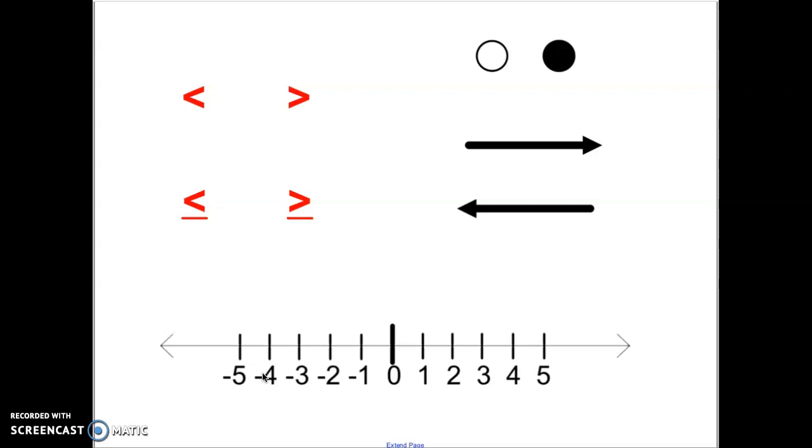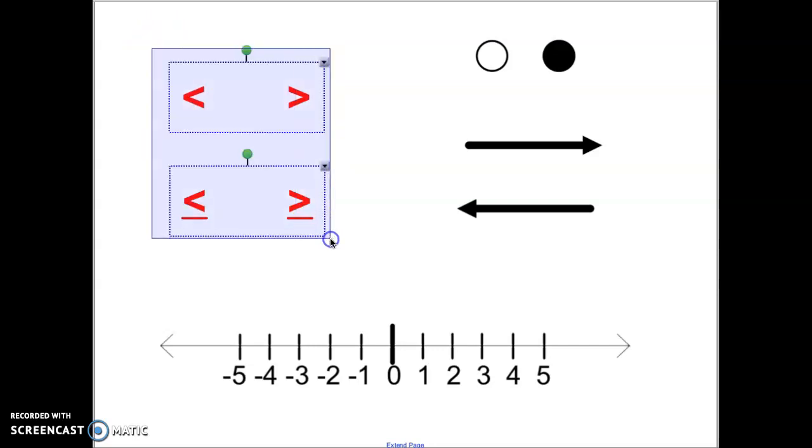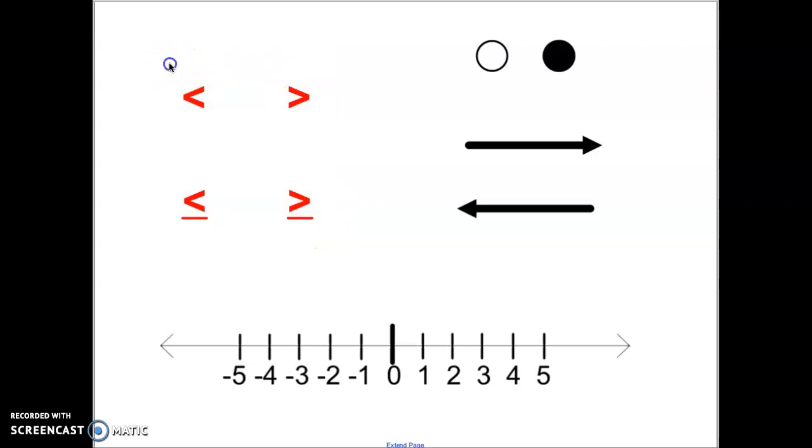So let's talk about inequalities. These are inequality signs right up here. Let's just lock those in place so I can talk about them. This is called a less than symbol, meaning whatever's on this side is less than whatever's on this side.